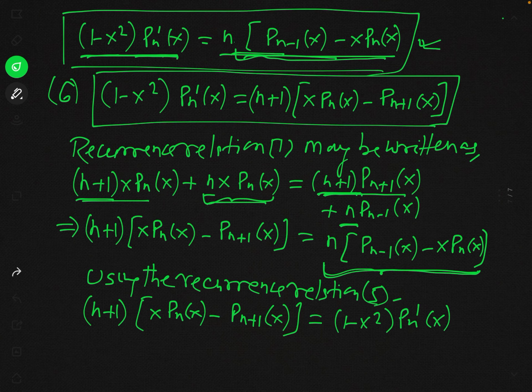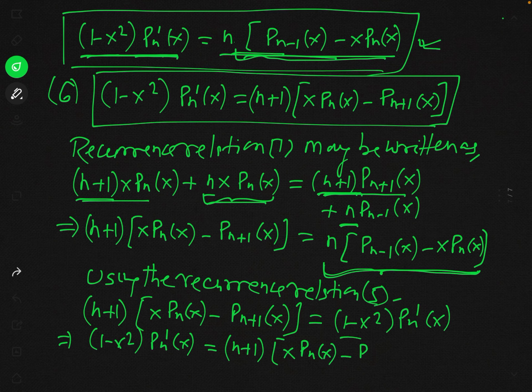So you can now rewrite this term from the RHS in the LHS. So this (1 - x²) into Pn'(x) is equal to (n+1) times x into Pn(x) minus Pn+1(x).